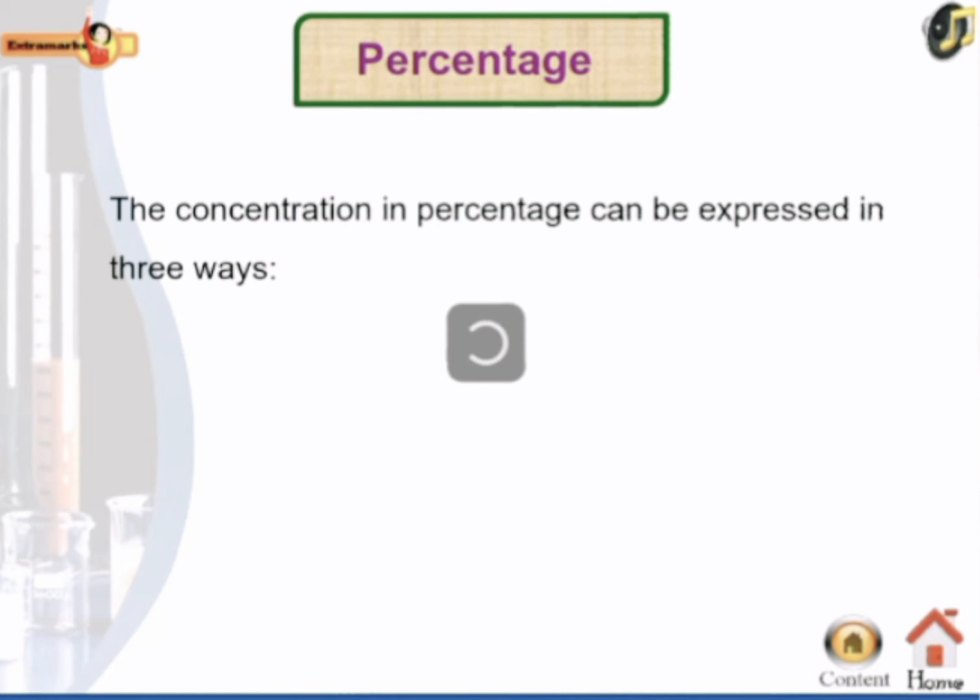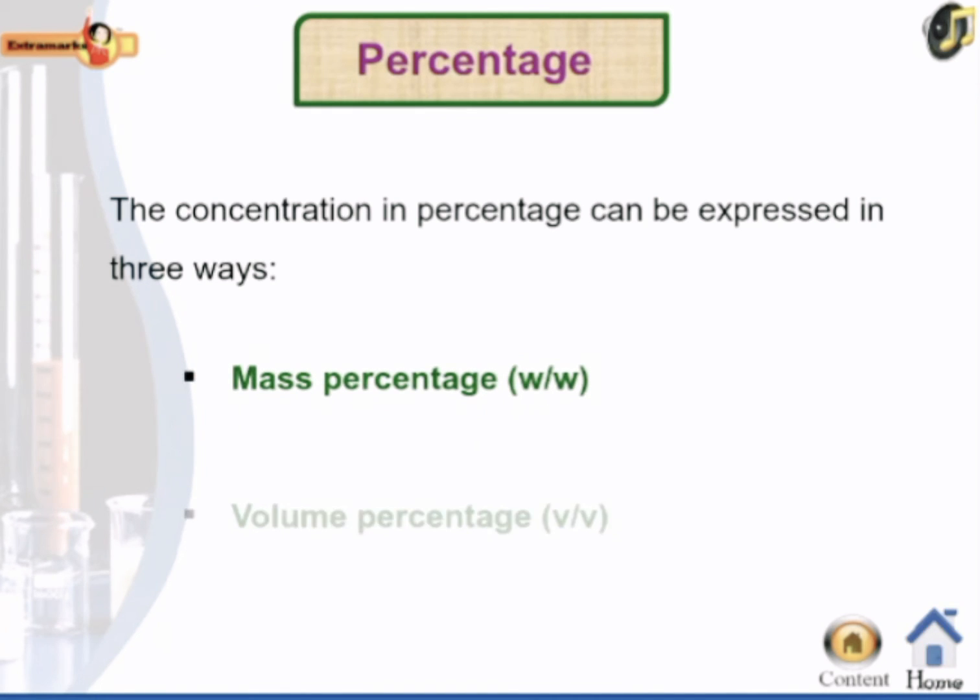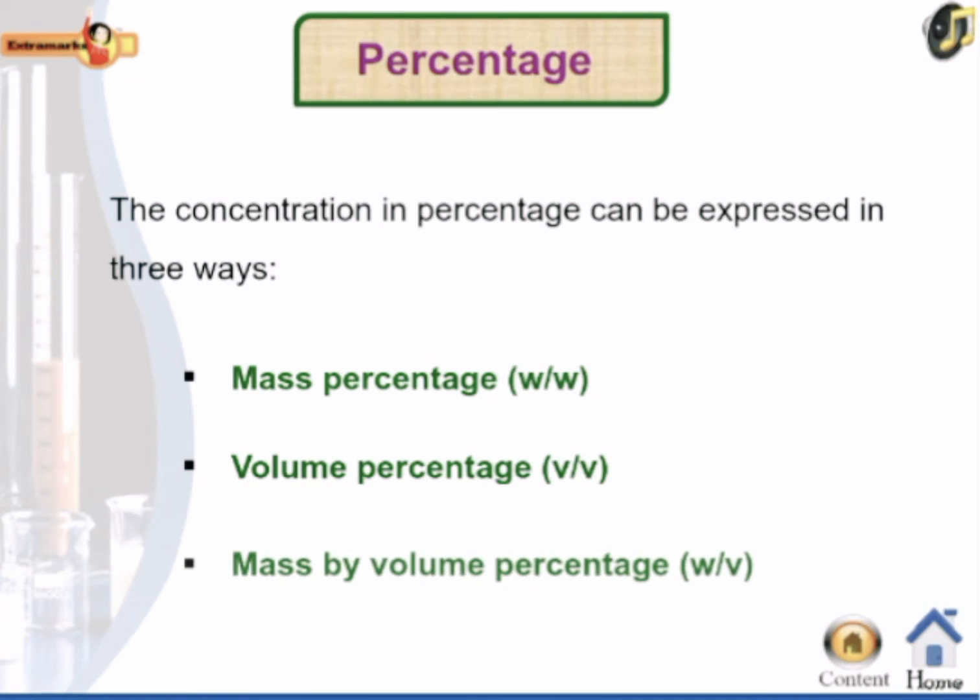The concentration in percentage can be expressed in three ways: mass percentage, volume percentage, and mass by volume percentage.